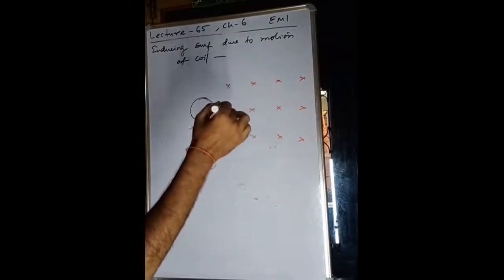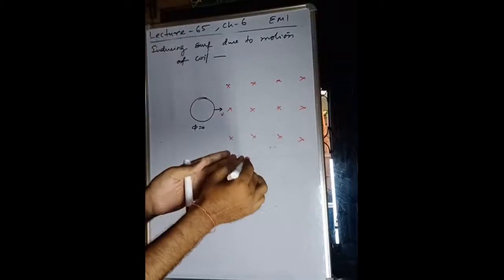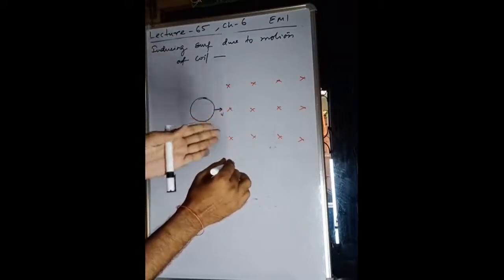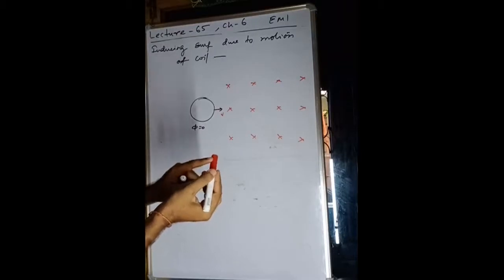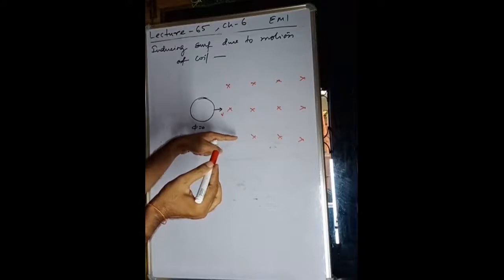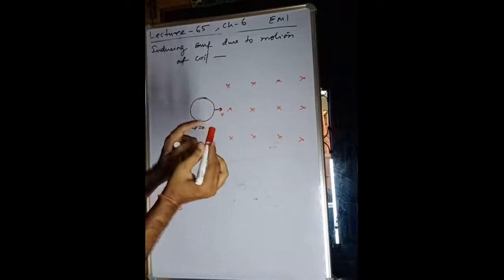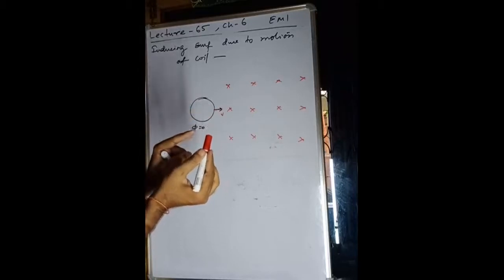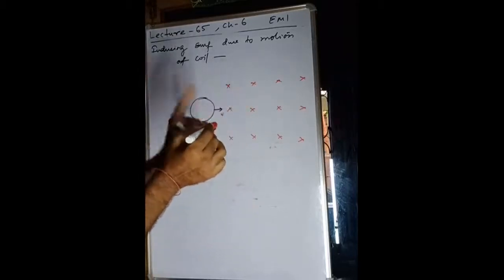If the field lines are going into the board, which type of pole will this be? Of course, it is the north pole, because the north pole leaves the magnetic field lines to move into the board. If the field lines are coming out, this is the south pole. Exactly. Here the magnetic field lines are going into the board, which means we have the north pole.